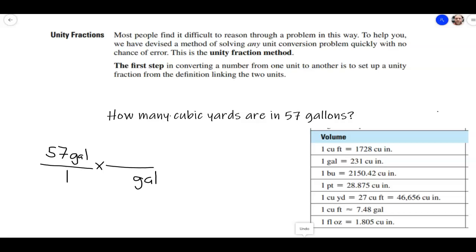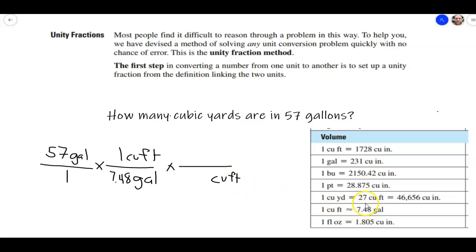It doesn't look like they show me anything other than, we know 7.48 gallons is equal to 1 cubic foot. But that's not what we want our answer in. We want cubic yards, so we need to do another conversion as well. This time we want to get rid of cubic feet.